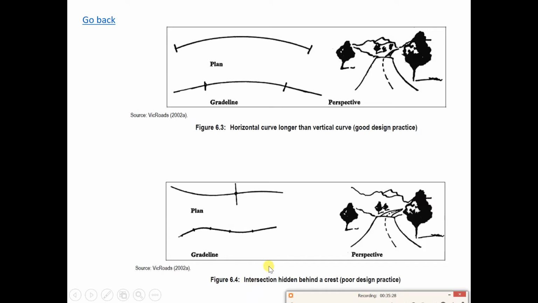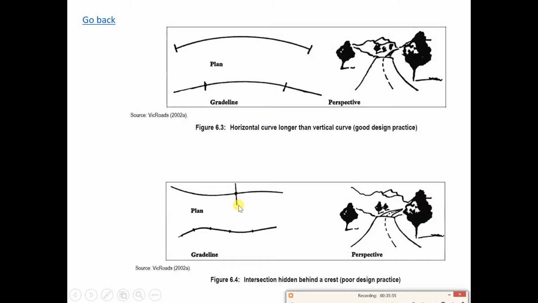And also for the intersection, this one, the intersection hidden behind a crest. Poor design. So you have a crest, and then there's a right turn, a horizontal alignment turn, and then you got a crest. You go over, and suddenly you find that there's an intersection here.